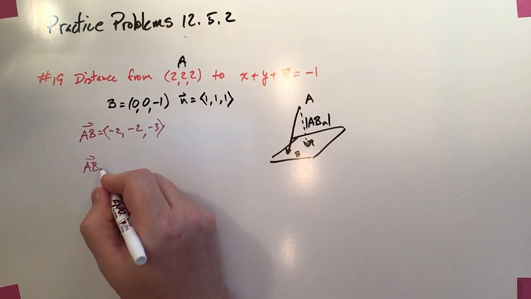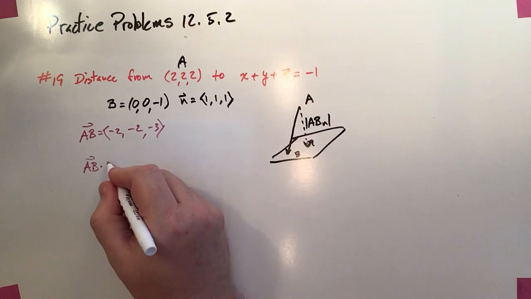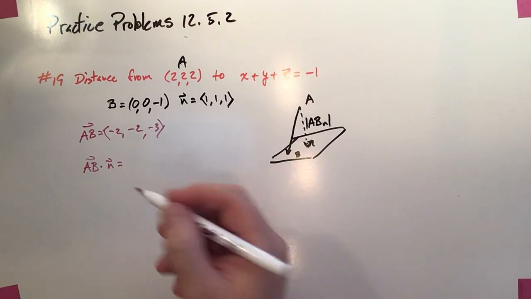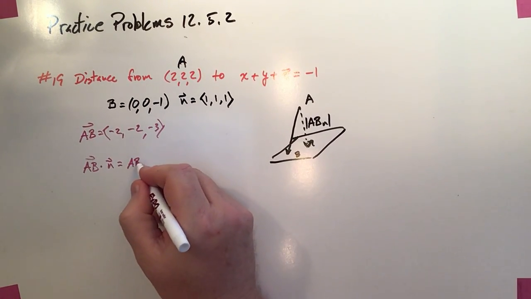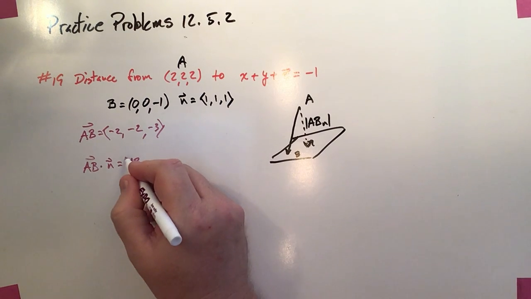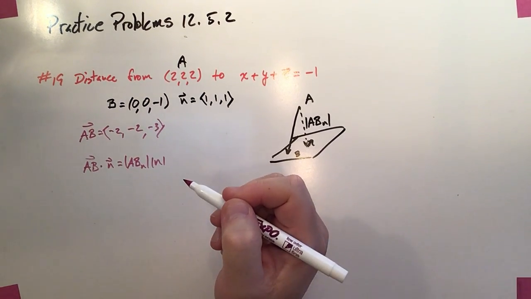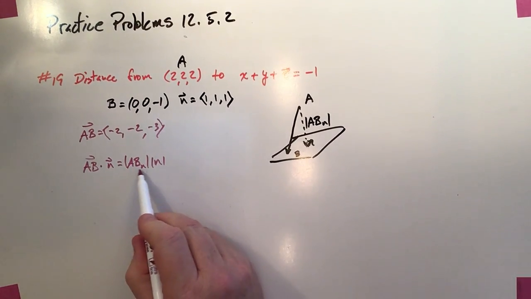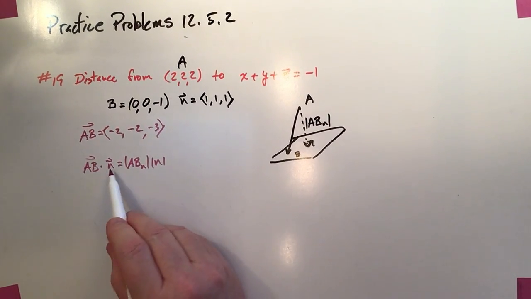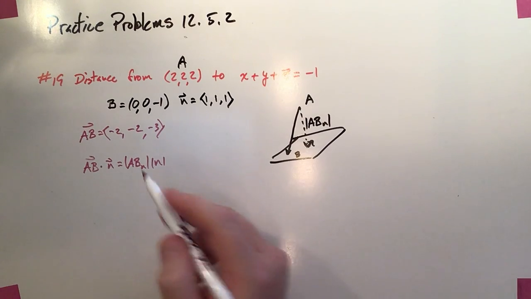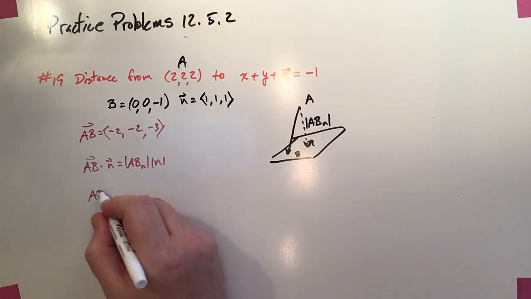So when I take AB and I dot it with the normal, remember, one of the things that finds is the magnitude of AB in the direction of the normal, and it multiplies it by the magnitude of the normal. That means if I want AB in the direction of the normal, I just have to divide the dot product by the normal's magnitude. So that's what I'm going to do.